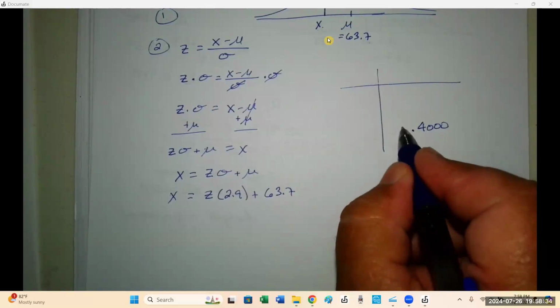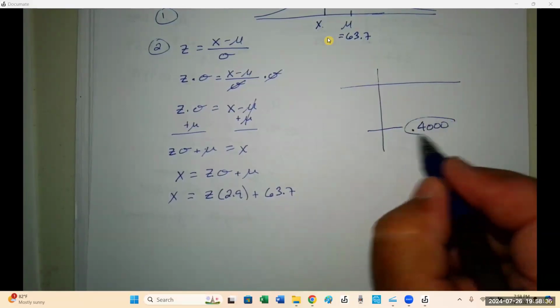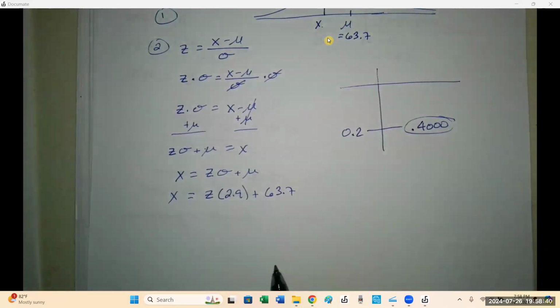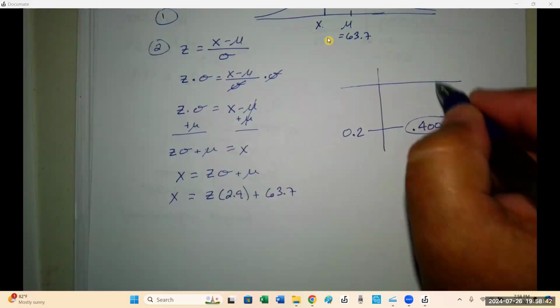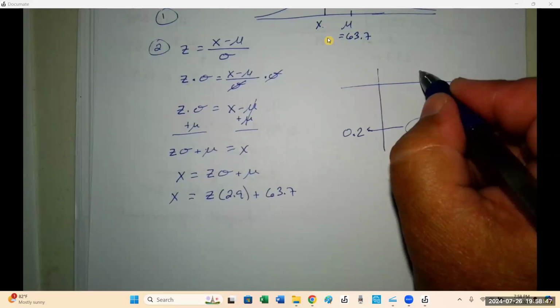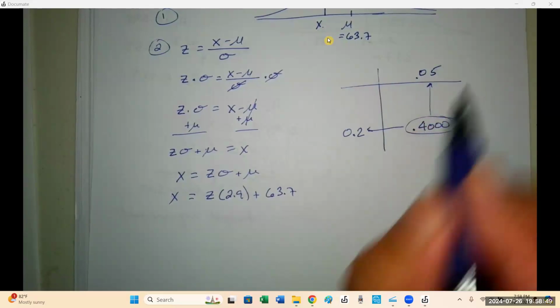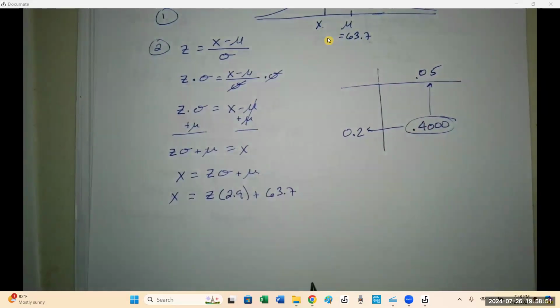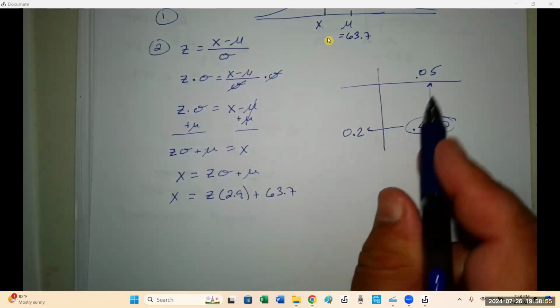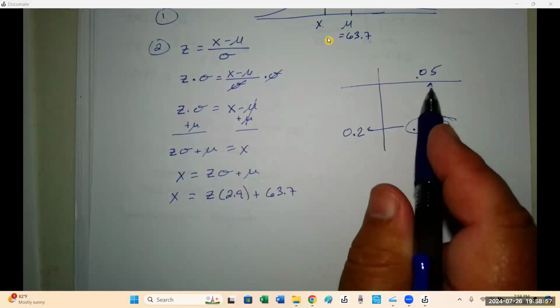So if we look in our table, this number goes to 0.2, and up here it's 0.05. So it's 0.25, I mean.